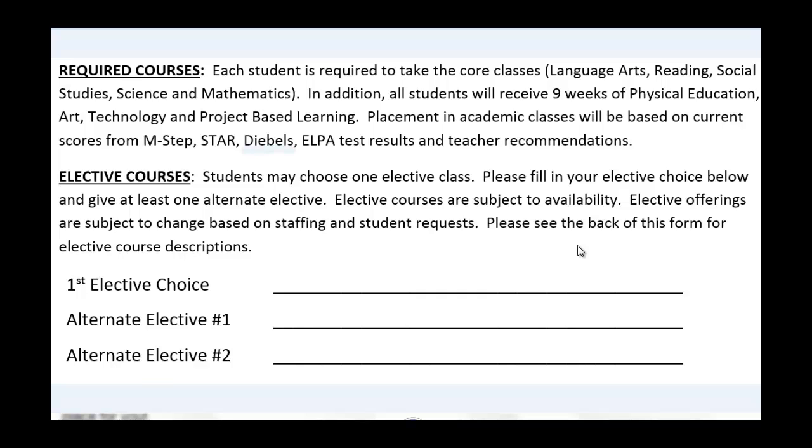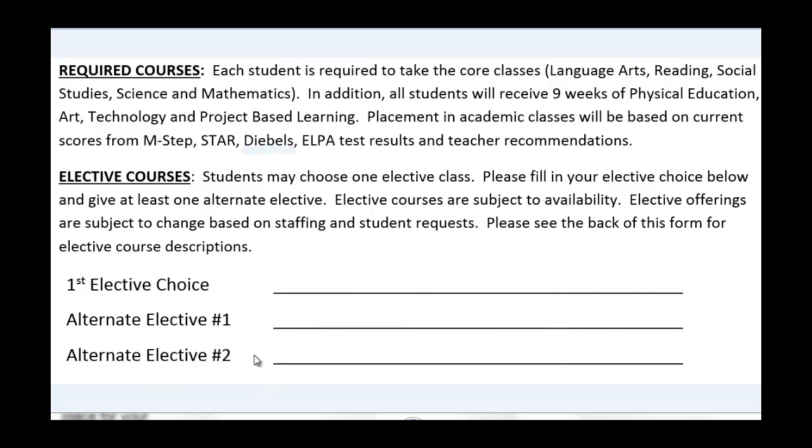All of our elective classes are subject to change, depending on our staffing and student requests. At any point in time, you can look at the back of the form to see which courses we're offering and a course description. When filling out this section of the form, be sure to give me your first elective choice. This would be the class that you want as your number one choice.